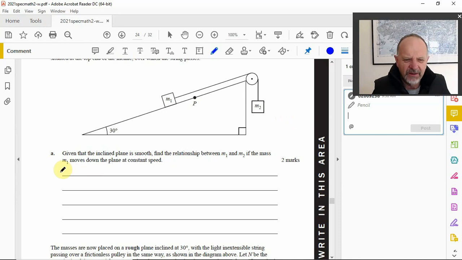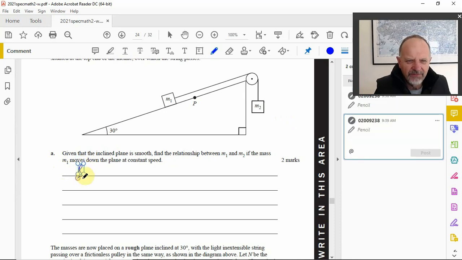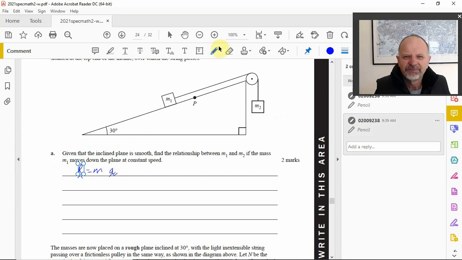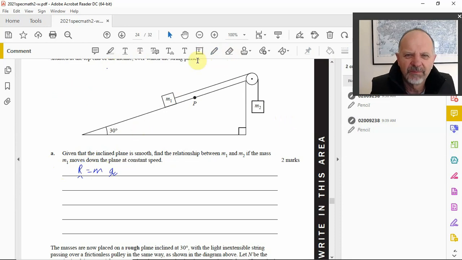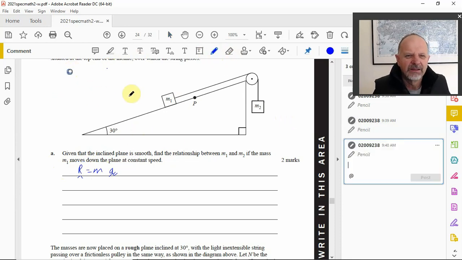All right, so I'm going to use down the plane. So first of all, the resultant force is our mass times our acceleration. What we're going to do is look at the forces that are acting. For this one, I'm going to use down the plane as the positive direction, because this is connected by a string.